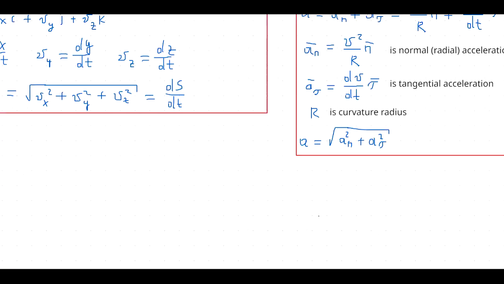What else we have to learn today is rotational motion of perfectly rigid body. What is a perfectly rigid body?